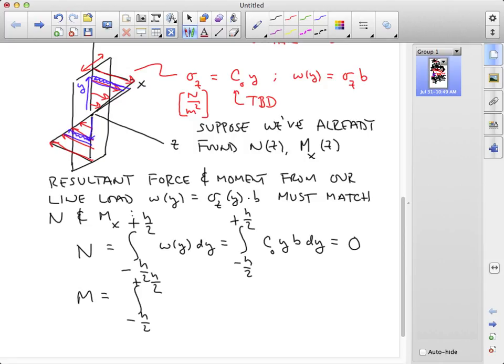To construct the bending moment, we take our load distribution and we multiply it by the moment arm, which in this case is y. In fact, if we look at that sketch of the stress distribution, we can think about it as a continuous distribution of force couples that goes from y equals 0 to y equals h over 2.